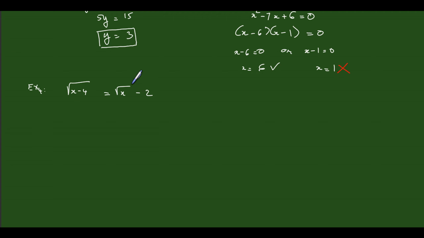You see that I stopped my radical right here. It doesn't cover the whole thing. If it covered the whole thing, that would still work, but it's just another equation, different from this equation. Right now on the left-hand side we have one radical only, which means we can square right away.